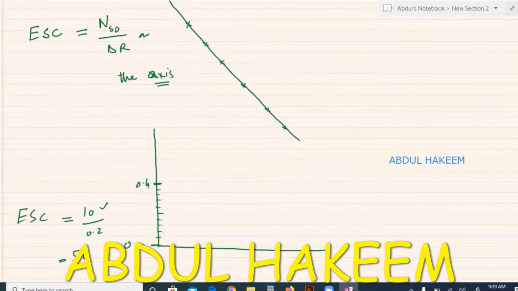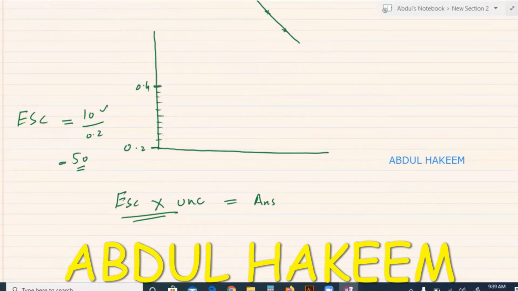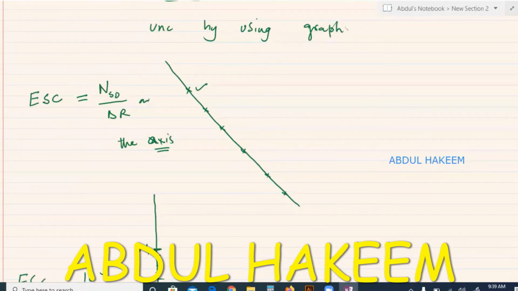For example, this is the point, and the error in this point is suppose 0.1, and the error scale constant is 50. So the answer is coming 5. So we will draw 5 small boxes up and 5 small boxes down. And then we will block this line on both sides. So this is called an error bar.